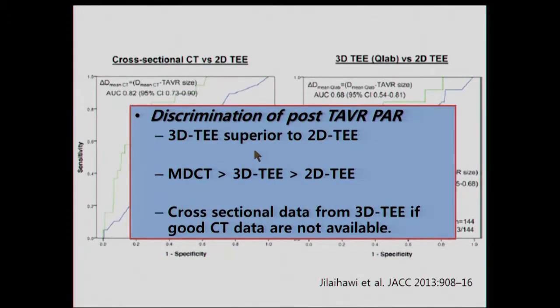In their conclusion, 3D TE was superior to 2D TE in predicting paravalvular AR. Comparing each modality, CT, 3D TE, and 2D TE were in order of superiority. They recommended that cross-sectional data should be sought from 3D TE if good CT data are not available.